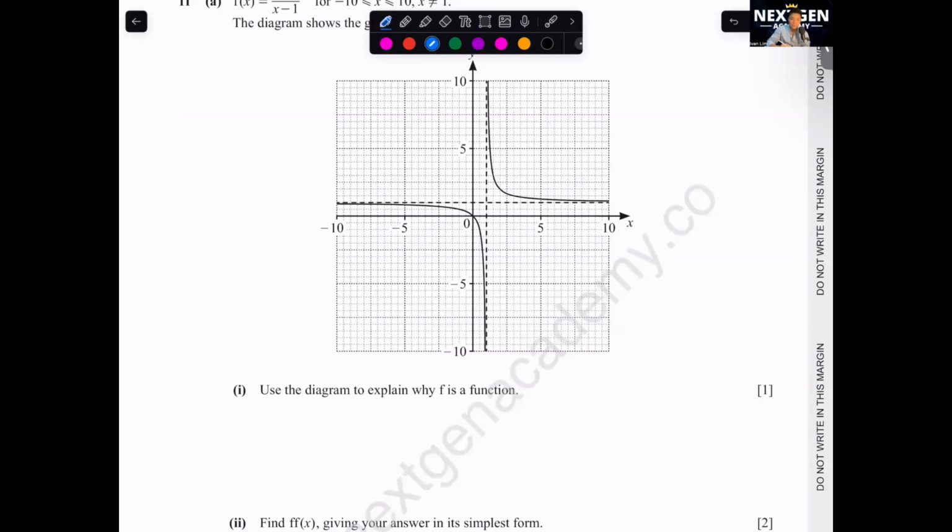Okay, the line x equals k. That means if we put a vertical line at any k value, we move like that, this will all cut it once only. So from negative 10 to positive 10 it cuts the curve at 1 point only.